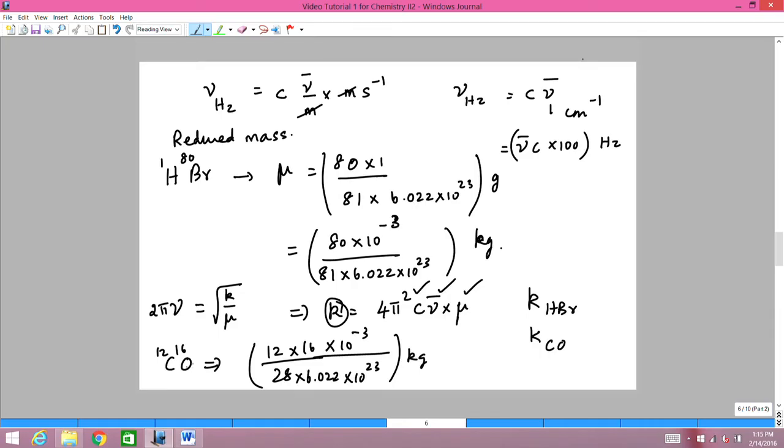Therefore, for carbon monoxide you know the mu, for carbon monoxide you are given the nu bar in centimeter inverse, convert that into meter inverse, put the C in meters per second, and then you see that you can calculate K. Find out which is greater than which. The larger the force constant, the stronger the bond.